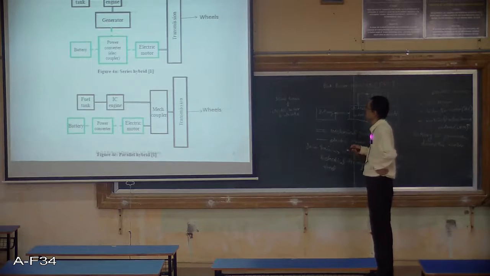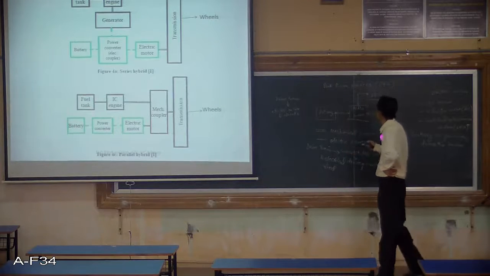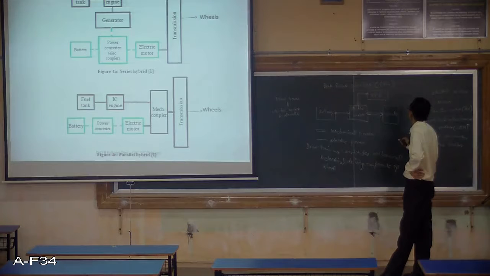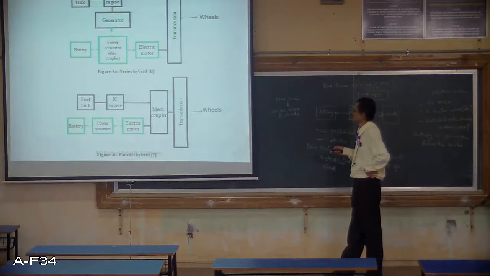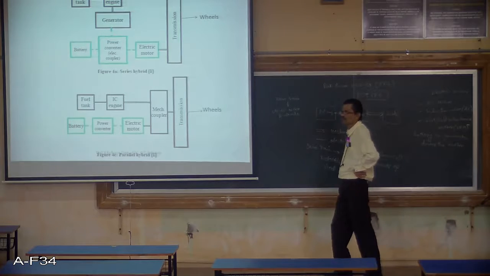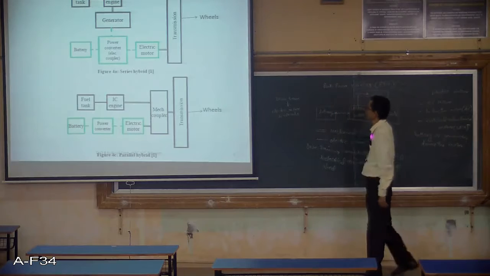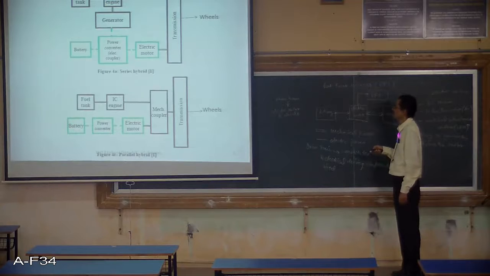Under this condition, the power converter and battery act as a peak power source. Under peak power requirement conditions, the battery and power converter can be used and the electric motor can be run, and you can have the additional mechanical power available from this part.